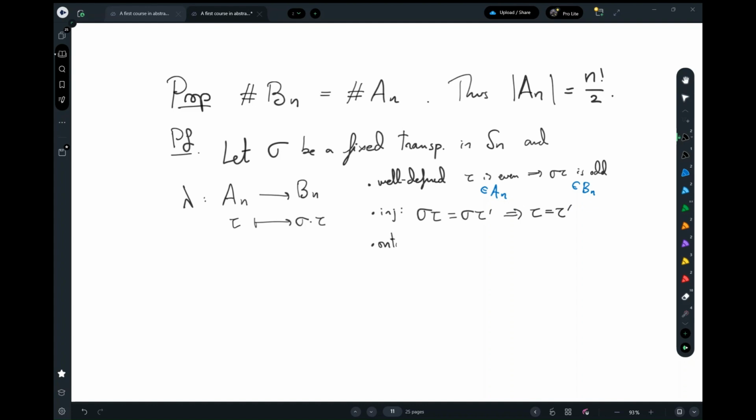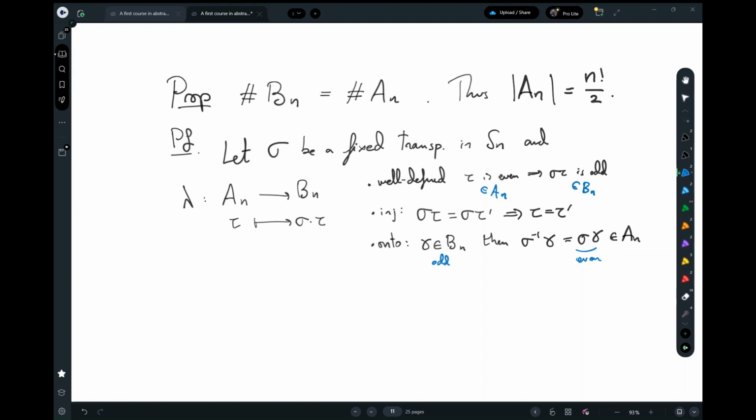Is it onto? Is it surjective? Well, give me any element gamma of Bn, then sigma inverse gamma, which, since sigma is a transposition, is sigma gamma. This has to be in An, because gamma is odd, so it has an expression as an odd number of transpositions. So this has to have an expression as an even number of transpositions, and therefore it's in An.